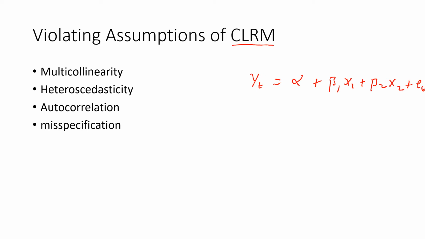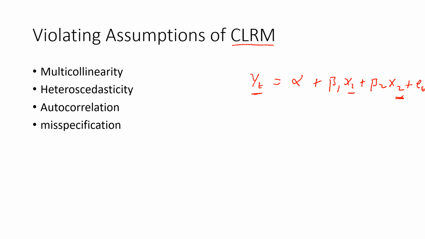So this is our typical regression model. This yt is our dependent variable which depends on x1 and x2, but this can have certain problems.